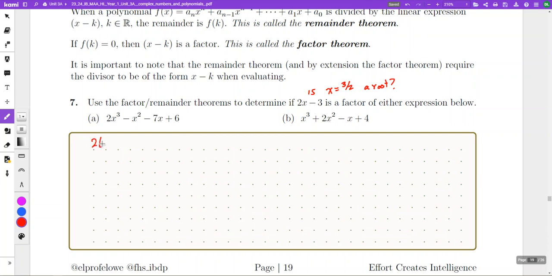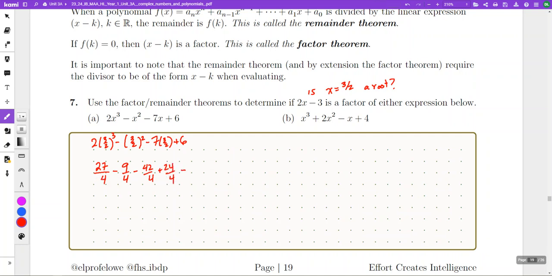So we got 2 times 3 halves to the third power minus 3 halves to the second power minus 7 times 3 halves plus 6. We said it was going to be best to have a denominator of 4, because this is then going to give us 27 over 4 minus 9 over 4 minus 21 times 2, so that would be minus 42 over 4, and then plus 24 over 4.